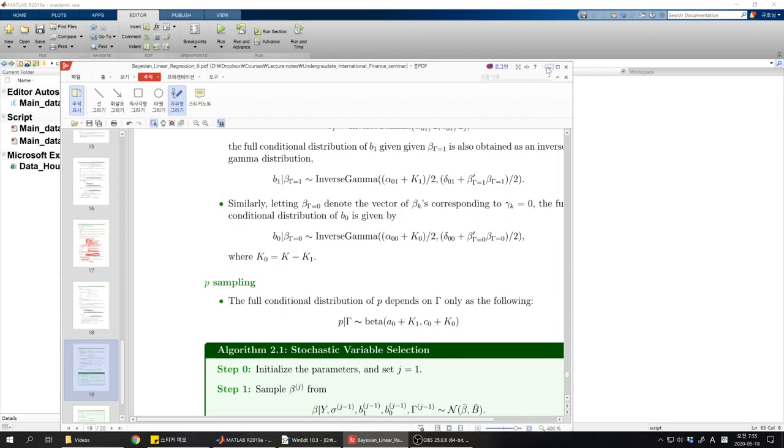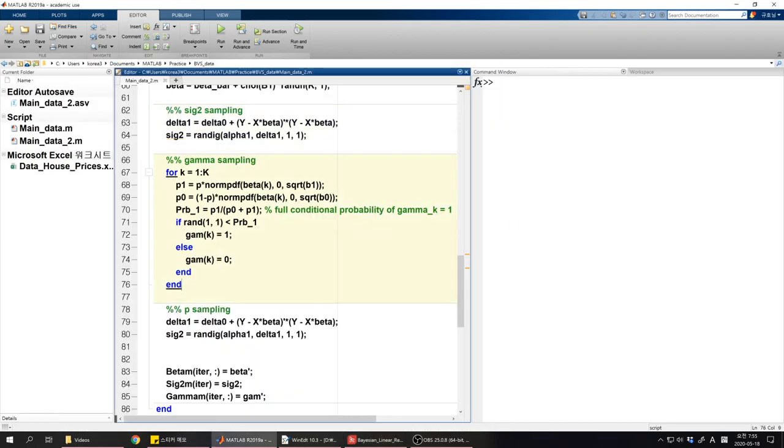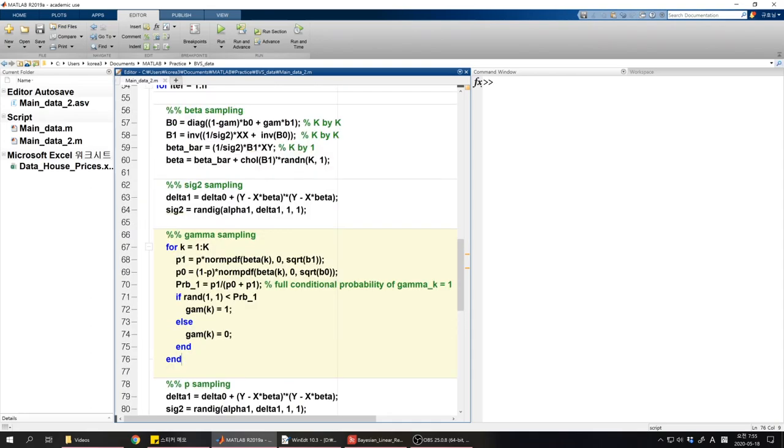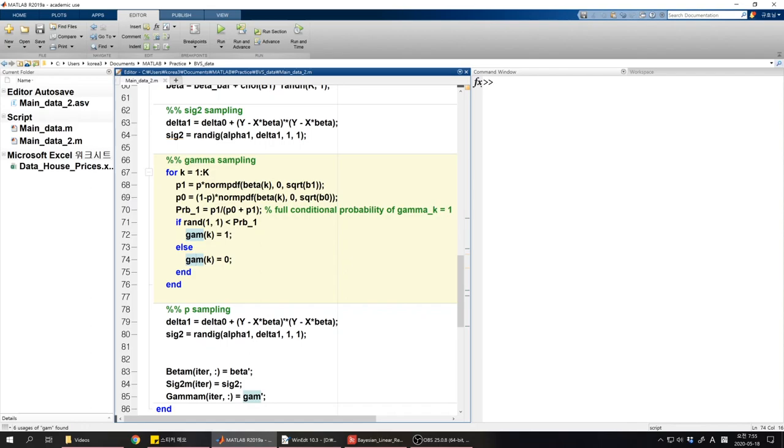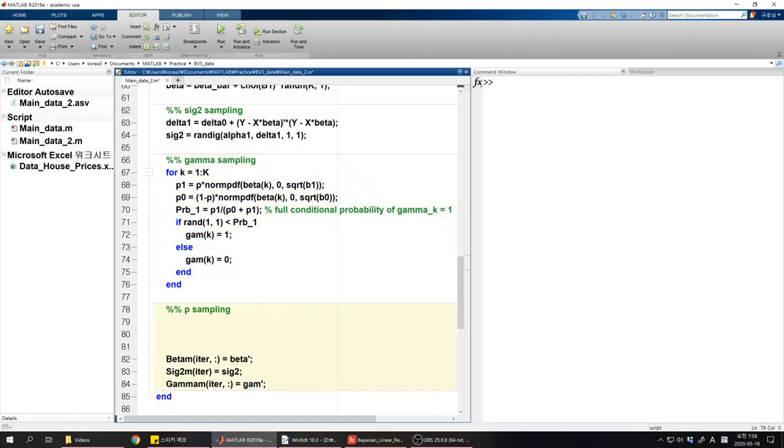Where are the gamma k's? Here, in gam. So we need to define K1 and K0. K0 must be K minus K1. What about this? This is sum.